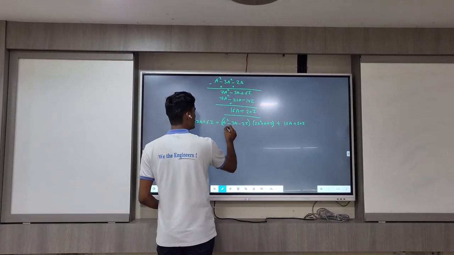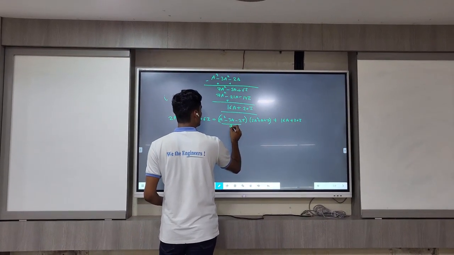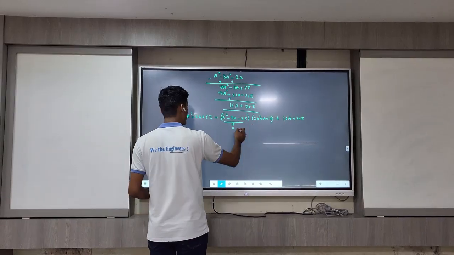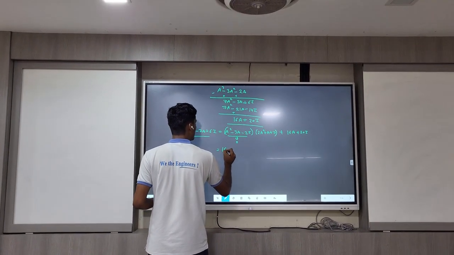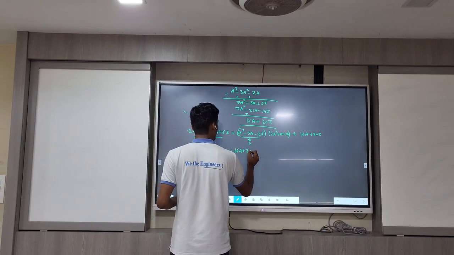Again the value of this is equal to 0, so this becomes 0, and so the value of this becomes equal to 60A plus 20I.